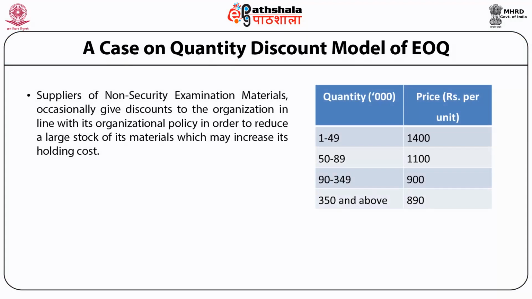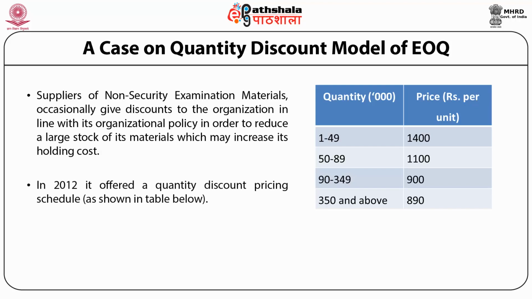Suppliers of non-security examination materials occasionally give discounts to the organization in line with its policy, in order to reduce a large stock of its material, which may increase its holding cost. In 2012, it offered a quantity discount pricing schedule as shown in the table below.